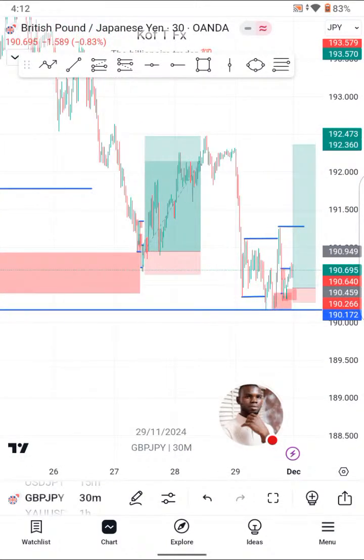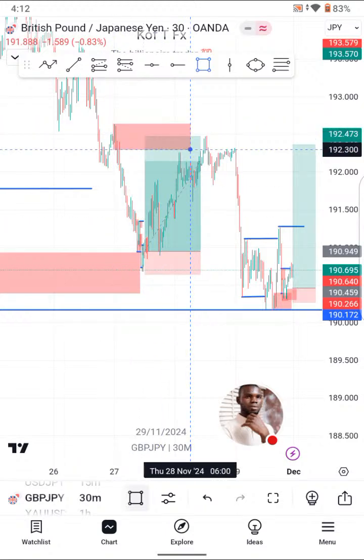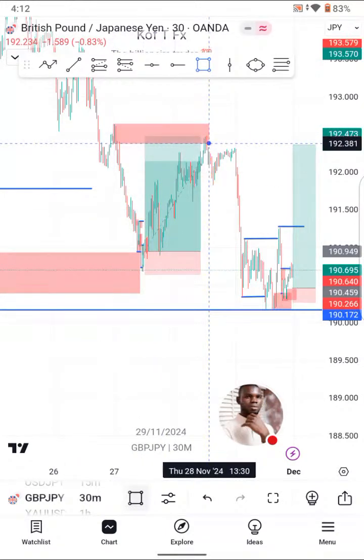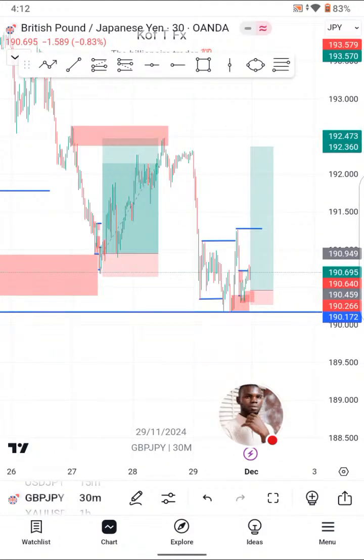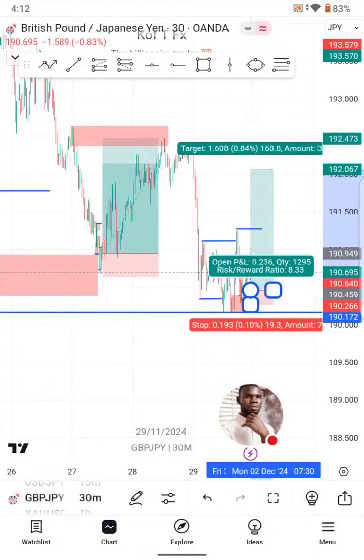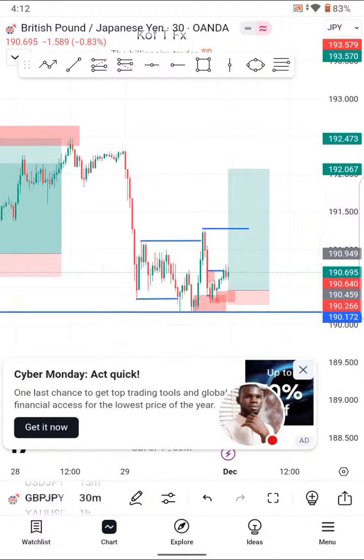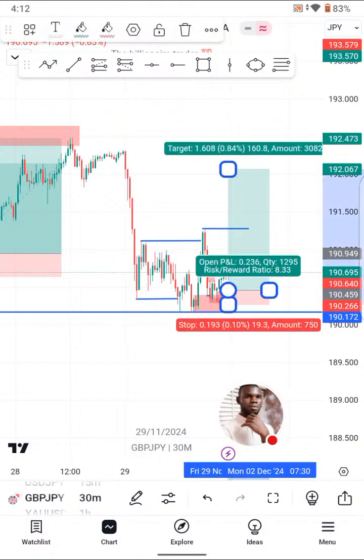There's still a mitigation. This is another mitigation zone here, the last point of mitigation. So for the second target, I'm going to make it somewhere around here. That's like 8 hours. But for my actual target, I'm still expecting more bullish momentum from this area.